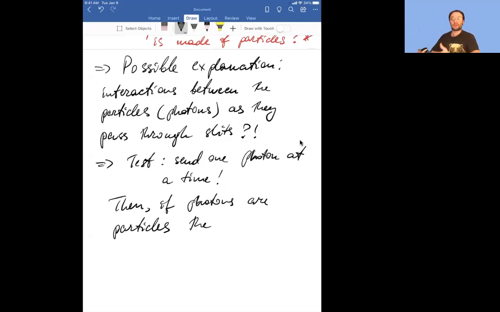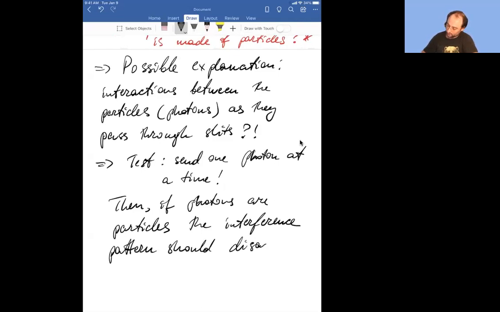If you propose that the reason you get interference with particles is because of interactions, I send one particle at a time, I eliminate interactions, well, the interference pattern should disappear. Agree? Pretty logical.